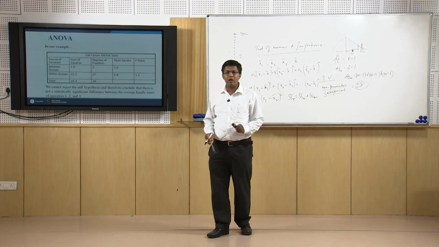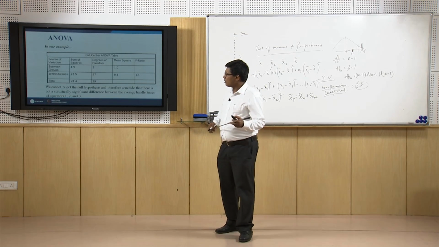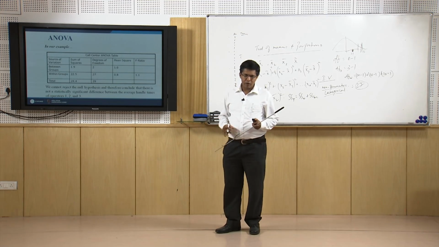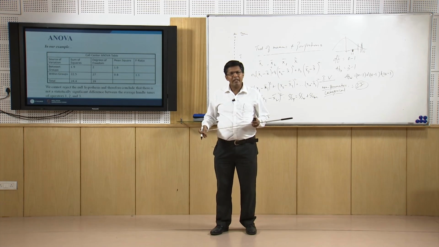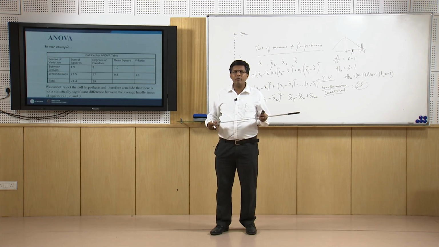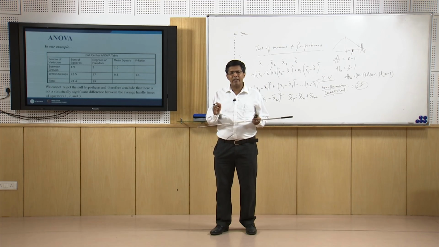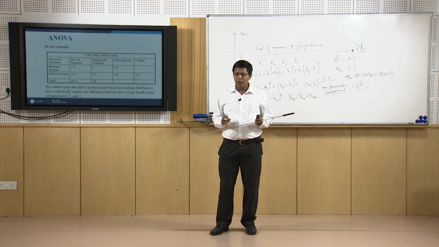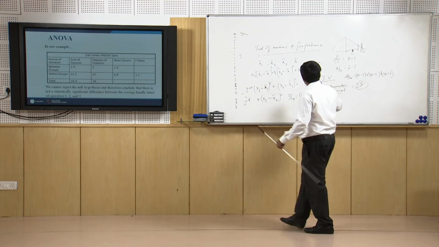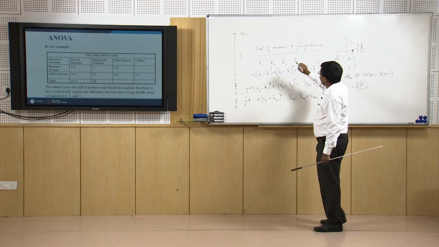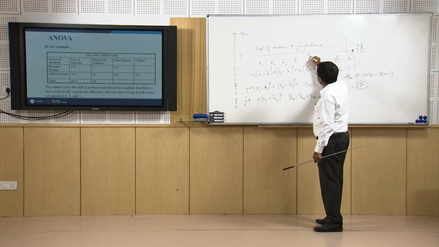In this case we cannot say, but suppose there would have been a difference, then we would have said that at least there is a difference between the mean of the first or the second or the third. To test that, although manually we are not doing it, we use something called a post hoc test, please remember this.